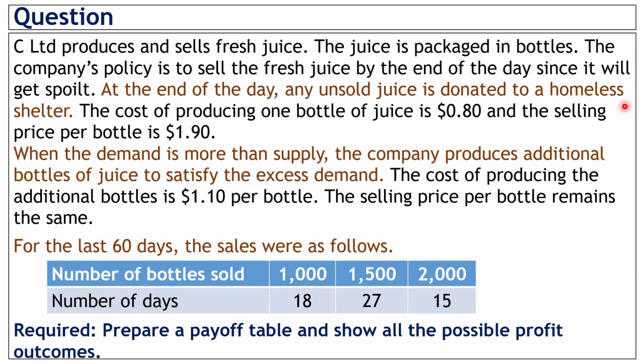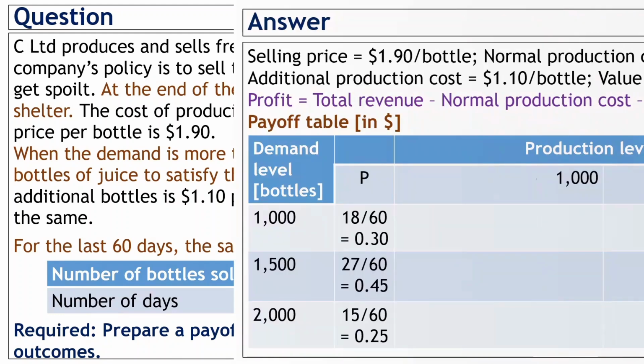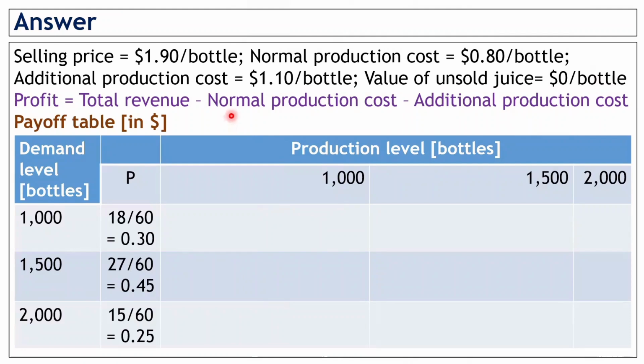When the production quantity is more than the demand quantity, which means the supply is more than the demand, there will be some unsold juice. The value of the unsold juice is 0, since the unsold juice is donated to a homeless shelter free of charge. We will use this formula to calculate the profit.